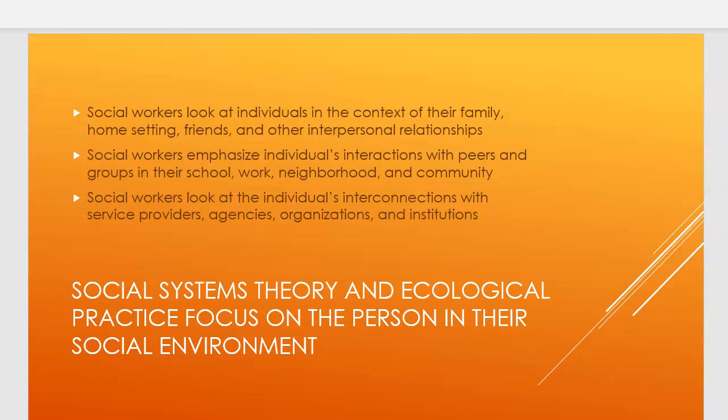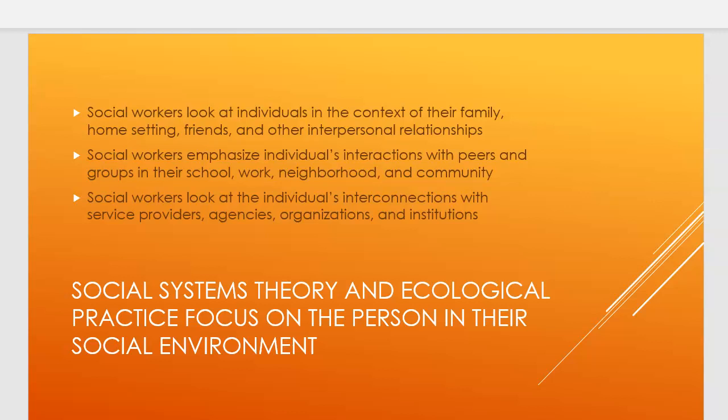But for us as social workers, we look at the individual in the context of the family, the home setting, friends, and other interpersonal relationships. We call that person in their social environment or person in environment. So for social workers, we emphasize how the individual interacts with their peers and with groups in their school, work, neighborhood, and community.